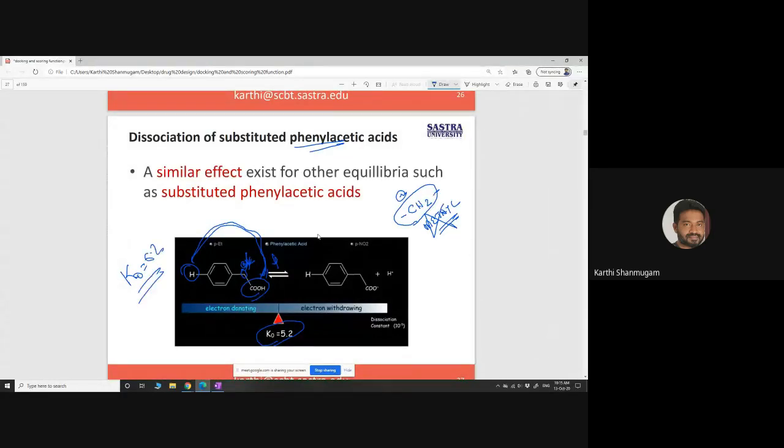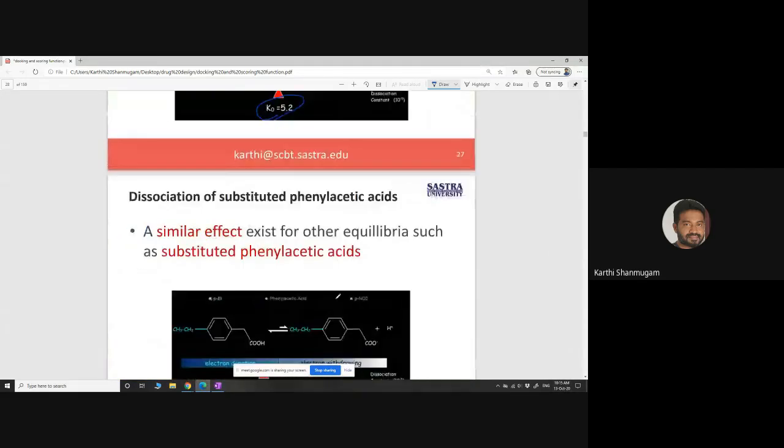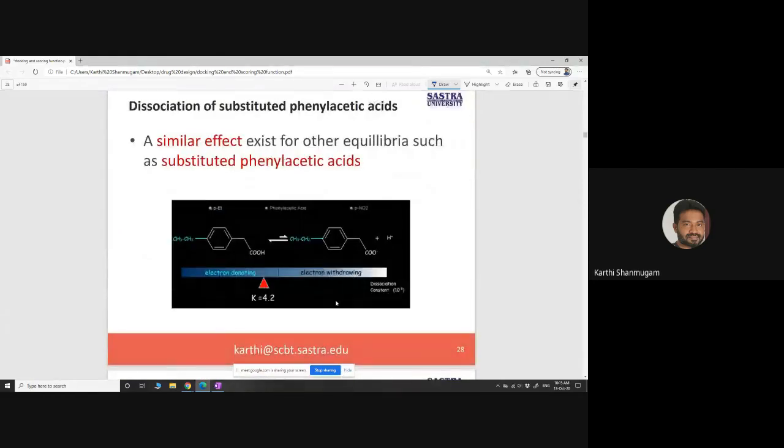Again, he wanted to do the same thing he did for the benzoic acid series. He wanted to replace this hydrogen atom at the para position with CH3CH2 first, and then with an NO2 group. First he replaced the hydrogen at the para position with CH3CH2 and calculated the K value.